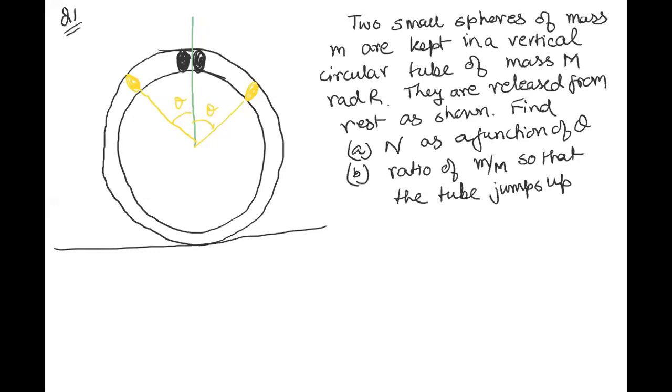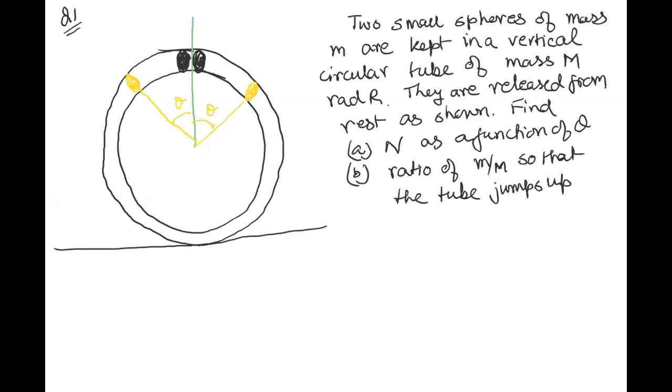The normal reaction on these spheres will be due to the inner surface of the tube up till cosine inverse 2 by 3. And beyond cosine inverse 2 by 3, the normal reaction on the spheres will be due to the outer surface of the tube.